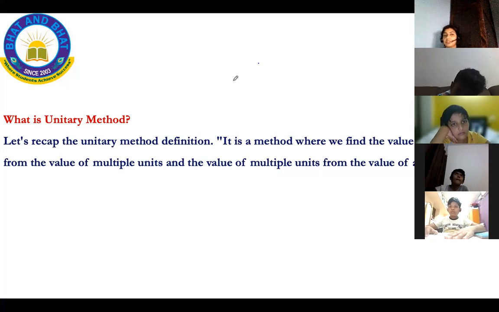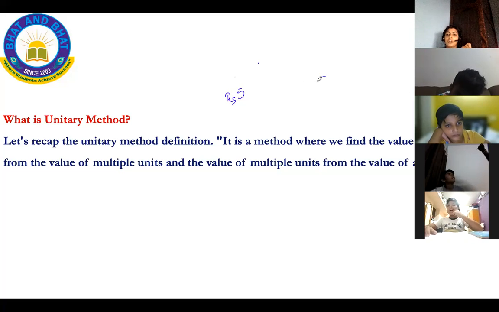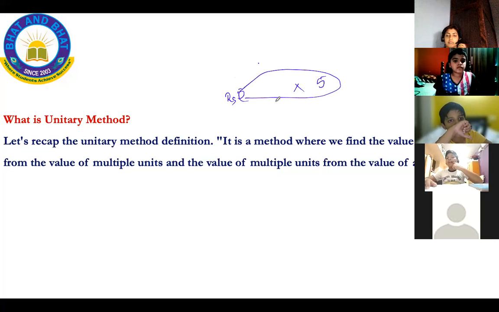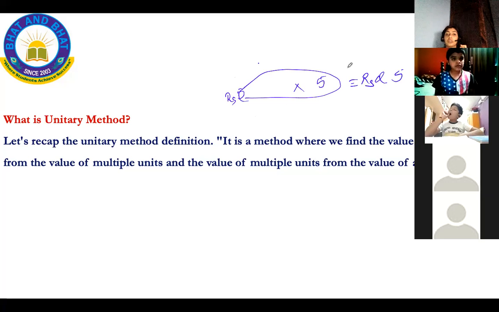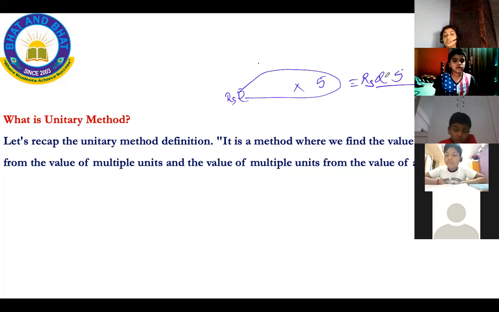Like in the previous example, if one packet of juice is 5 rupees, then how much will be for 5 packets? You just multiplied these two, correct? And you got the answer as 25 rupees, right? So you found out the value from a single unit.